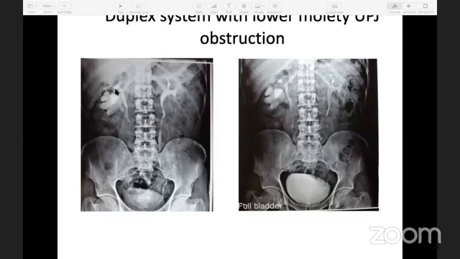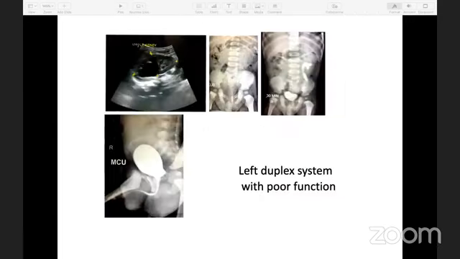UPJ obstruction in lower moiety on the right side. Duplication with left severe upper pole hydronephrosis is seen as upper pole cortical cyst in USG and drooping lily sign on IVU. MCU in this case is normal and he required upper pole moiety excision.